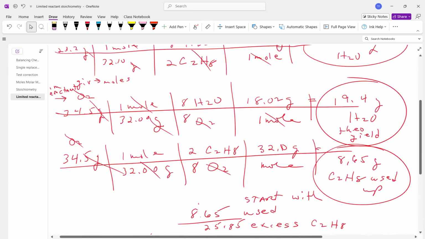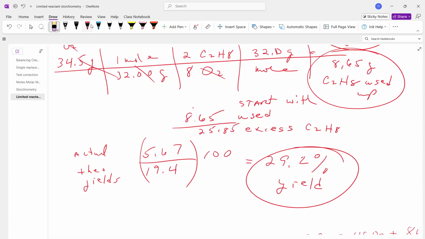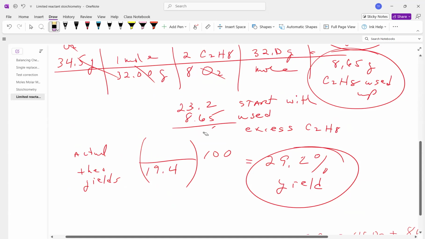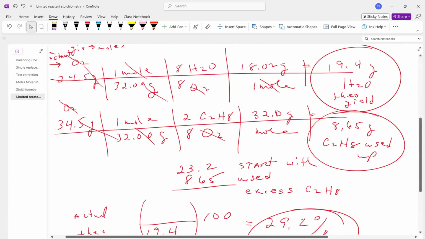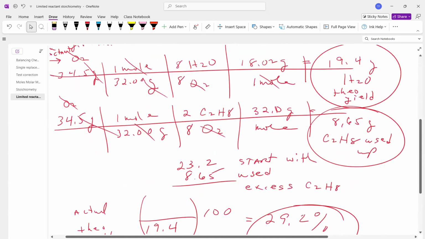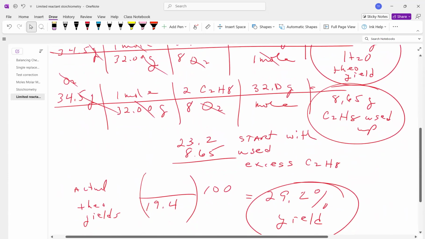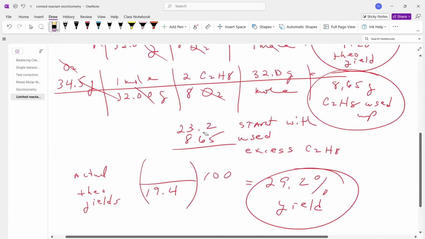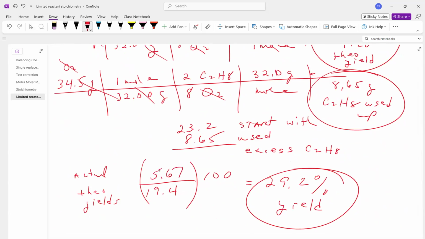So I should have used 23.2. Now the percent yield is not going to change because none of that is affected.